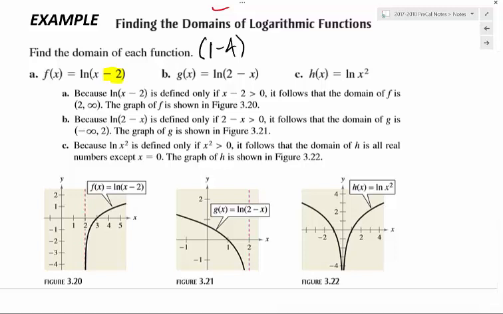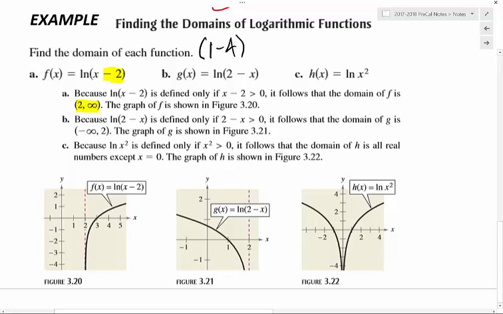The original domain of a natural log or logarithmic function is going to be 0 to positive infinity because of that vertical asymptote. But because I went -2 there, it basically causes it to go to the right 2 units. So the new domain is 2 to infinity.